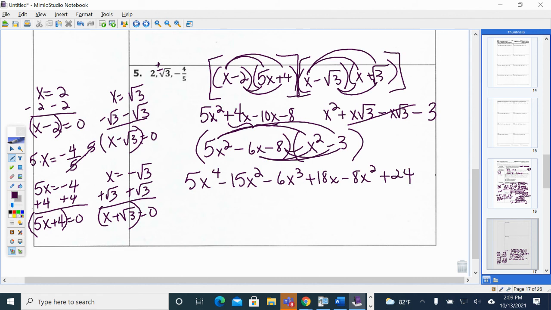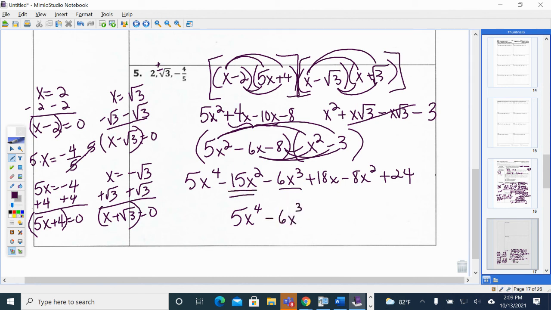And all we have left to do at this point is combine our like terms and put it in standard form. 5x to the 4th is our first term because that's the biggest exponent and there aren't any others. For the cubic, there's only one x cubed, so bring down your minus 6x cubed.